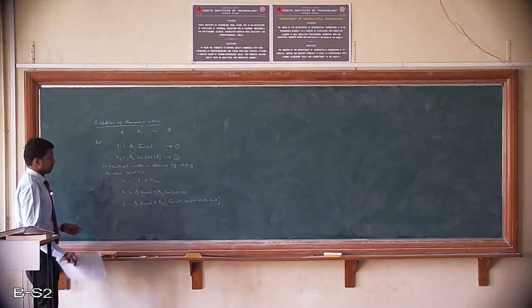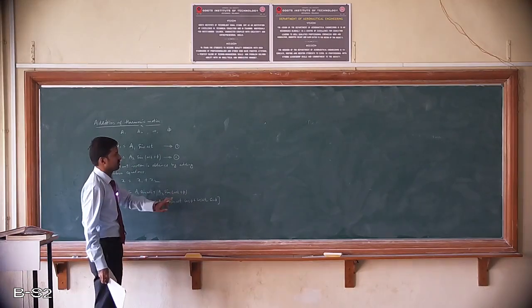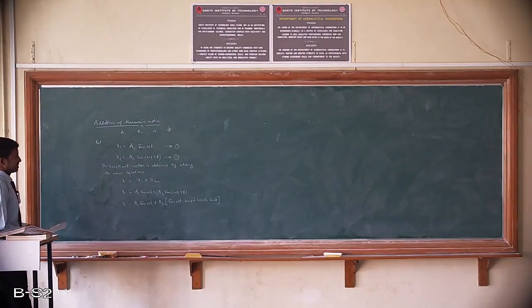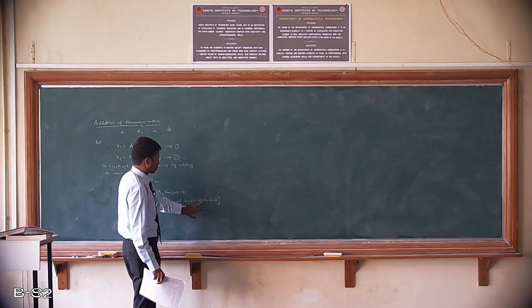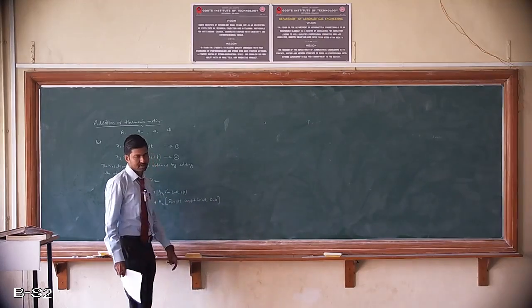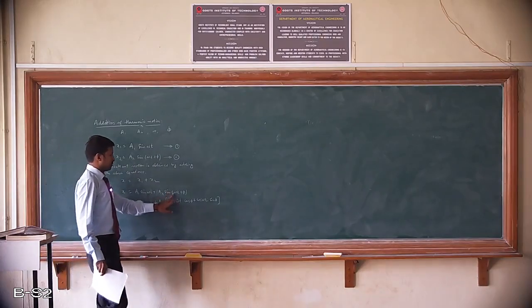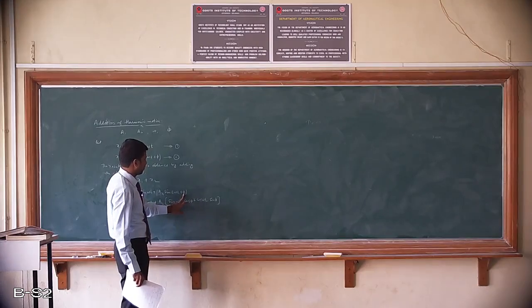Here I use the basic trigonometric equation: sin(a + b) = sin a cos b + cos a sin b. In place of a we have ωt, and in place of b we have φ.